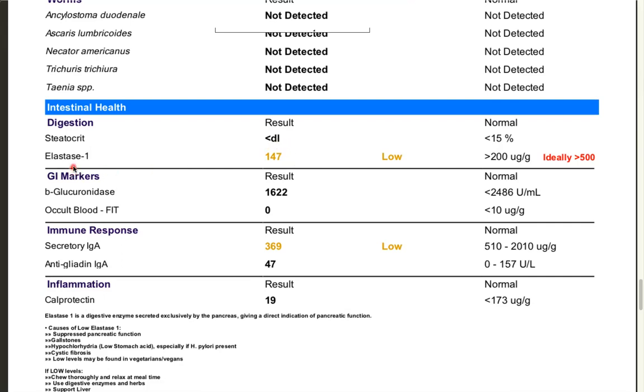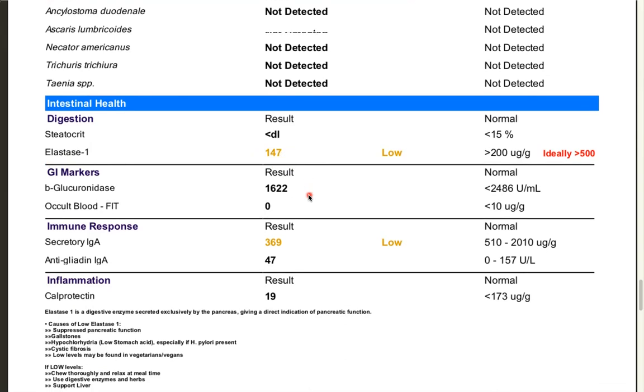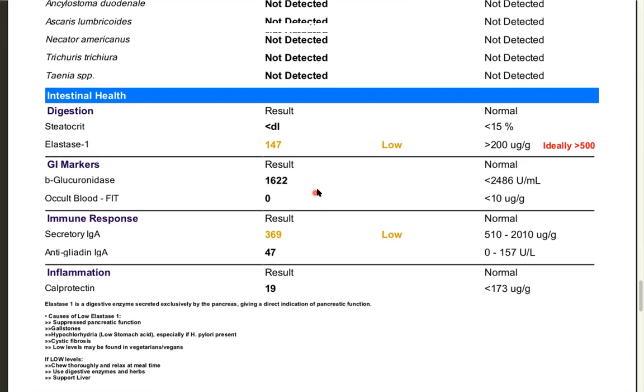So elastase is secreted by our pancreas along with other enzymes to break down our food, specifically protein, and break down our food properly. And so the fact that it's low here, I'm going to think about supporting the pancreas, supporting the stomach, and supporting low stomach acid, supporting the enzymes to ensure that gut function is working well.